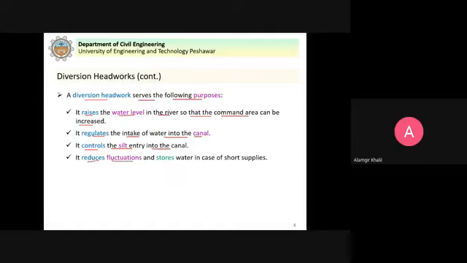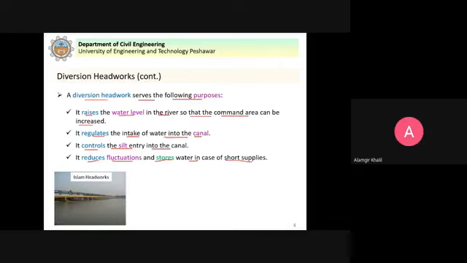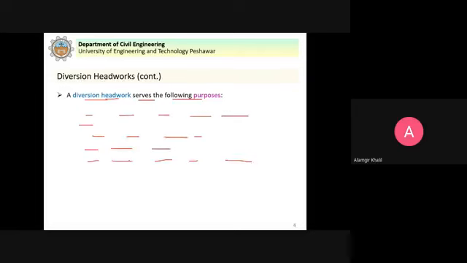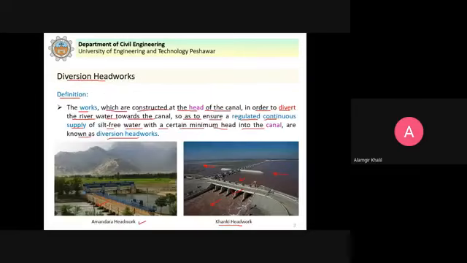It reduces fluctuations and stores water in case of short supplies. So the other purpose of diversion headwork is to reduce the fluctuations. As you can see here, by construction of this weir or barrage, it raises the water level upstream. Now, as I already said, the water level in the river can fluctuate.